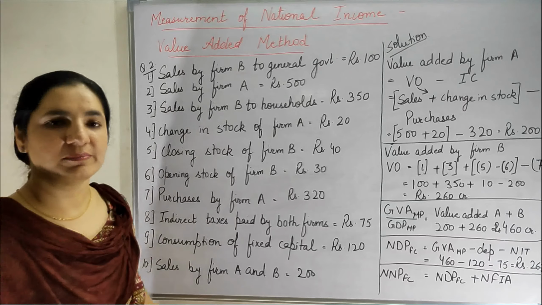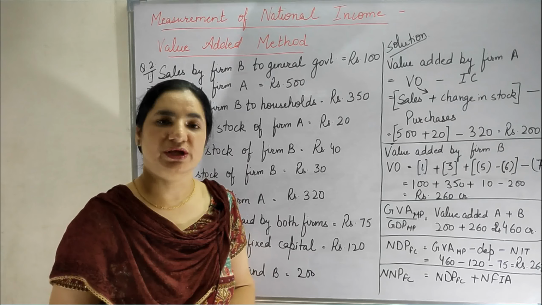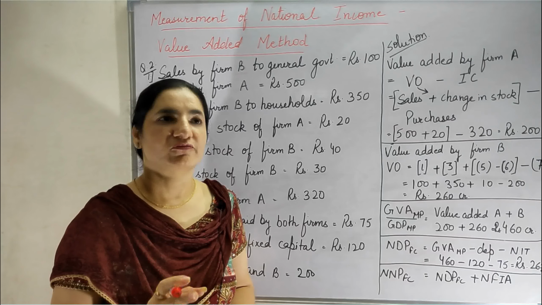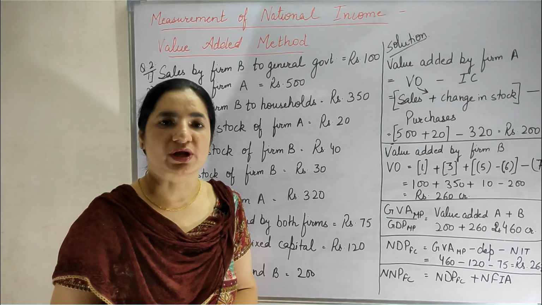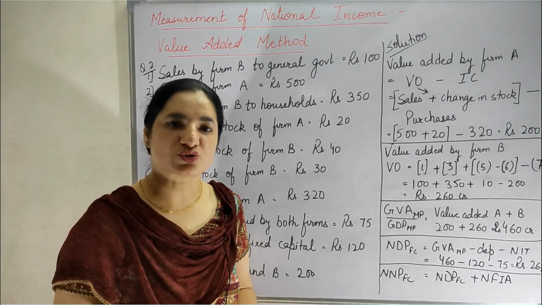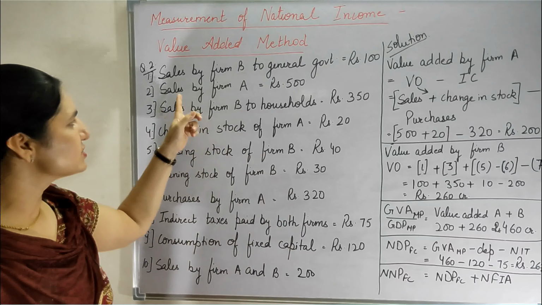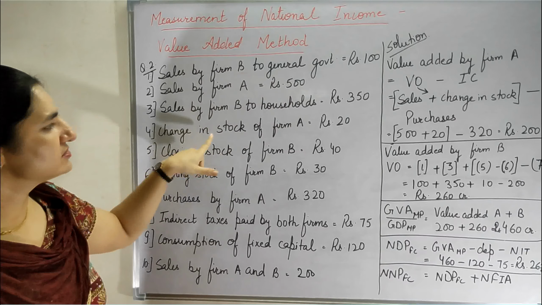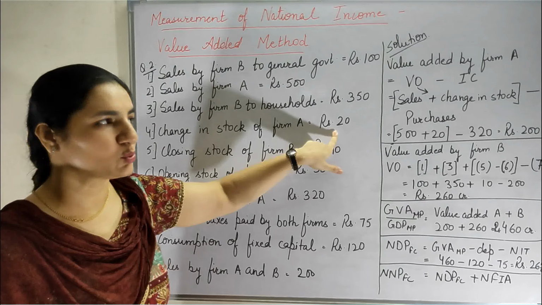Value added by firm A means, our formula to calculate is value of output minus intermediate consumption. For calculating value of output, we have to add sales to change in stock. So in case of firm A, sales is given to us and change in stock is also given to us.